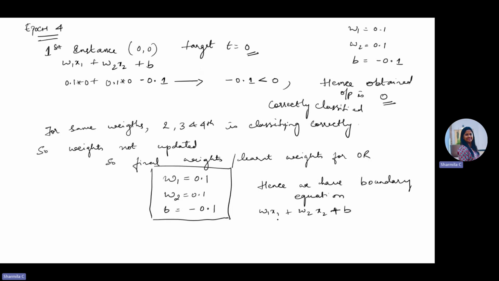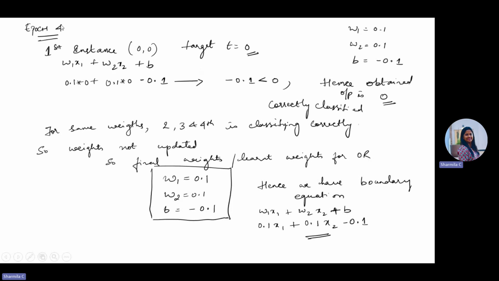Every time this X1 and X2 keep changing, so we need to fix these three values. So W1 is fixed now, it is 0.1, X1 you keep as it is, W2 is 0.1, X2 as it is, bias is minus 0.1. Now for these three values, you give any input values of X1 and X2, it is going to exactly perform the function of your OR Boolean function.